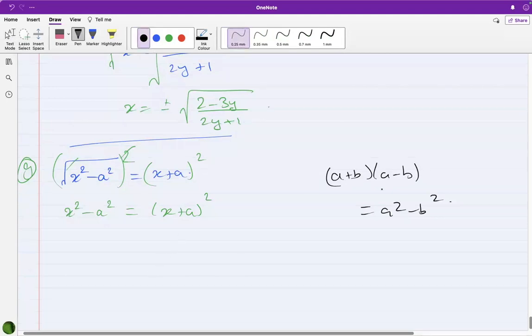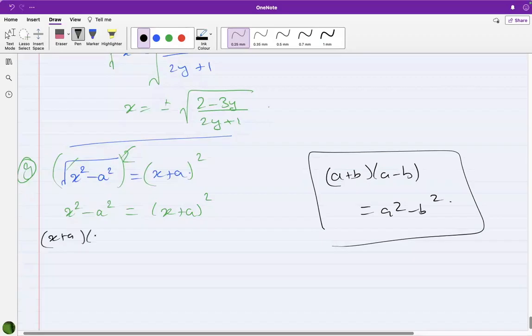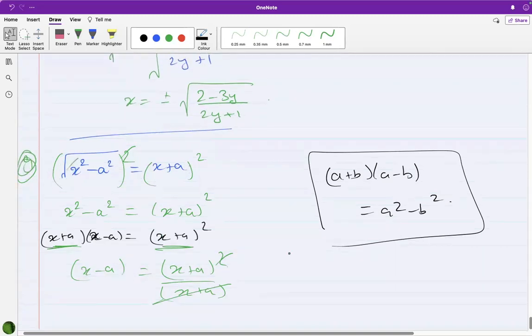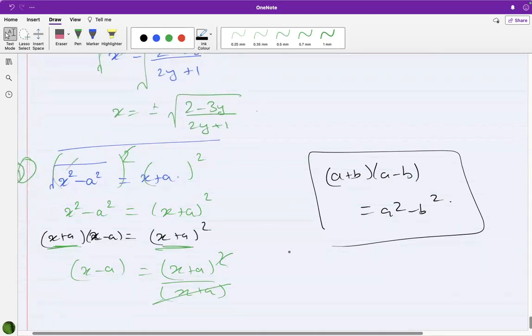Algebraic expression. Yes. So may I write the left-hand side as x plus a into x minus a? Yes. So if we have these two the same, I can write x minus a is equal to x plus a whole squared over x plus a, and I can cancel out these two. So it just turns into x plus a.